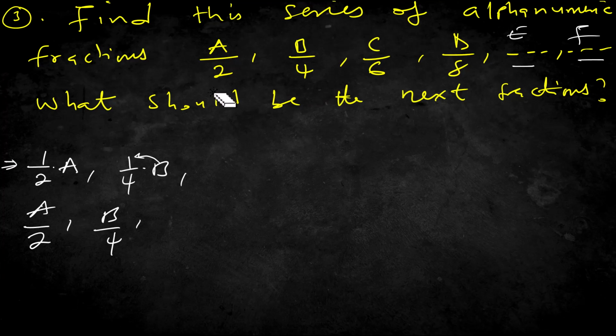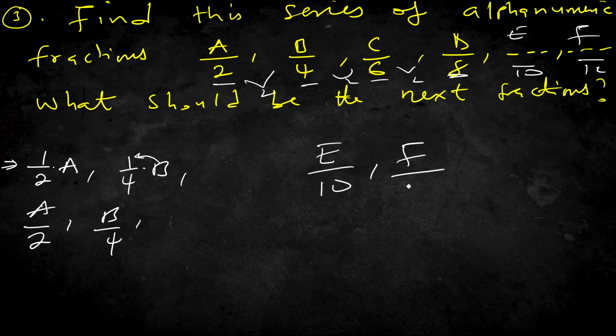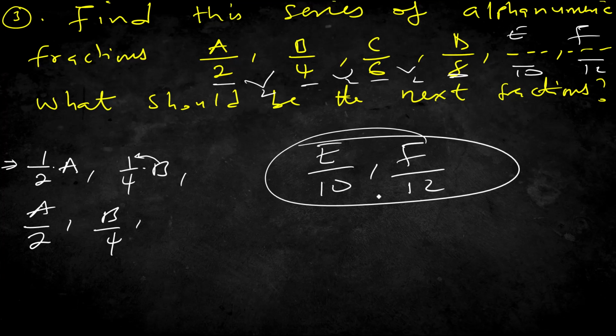So we have 2, 4, 6, 8. So we know the difference is 2, 2, 2. So we have 10, 12. And simply we have E on 10, then F on 12. It's very simple. All right, so that is it.